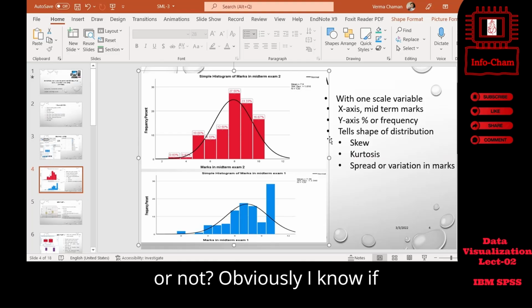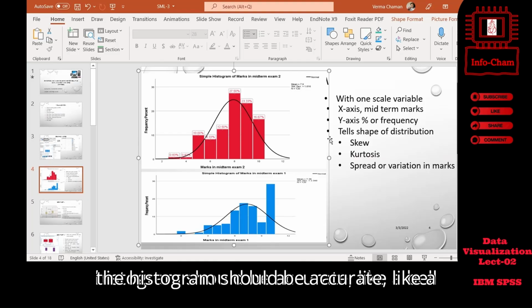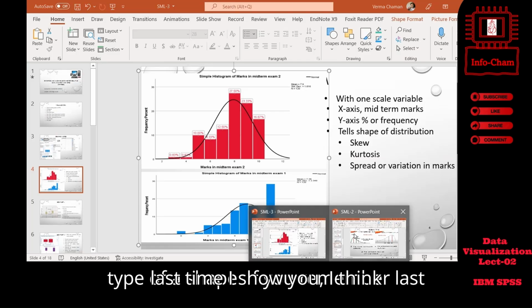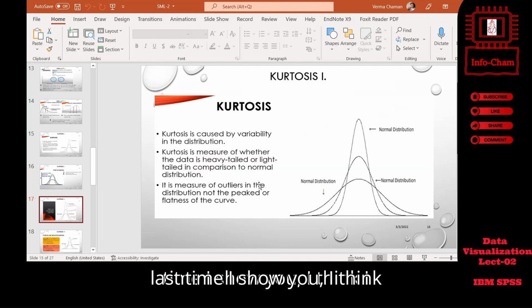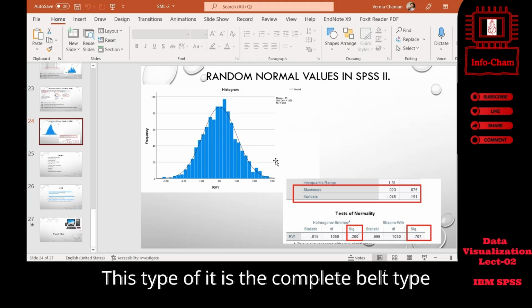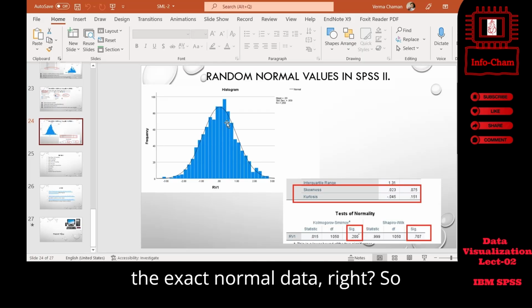Obviously, if my data is completely normal, the histogram should be accurately bell-shaped. Last time I showed you, I think I already opened that file. Can you see this is a complete bell shape? In that case, it can be exactly normal data, right?